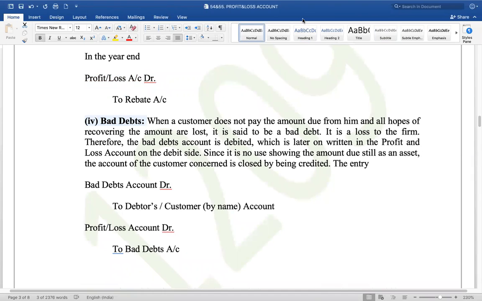Now bad debts. Let's say Ritik Jain is, it's only an example, Ritik, don't worry, and Pawan also, please don't feel bad. Now Ritik is a money lender, and Bhavani is intending to lend Joel some money.